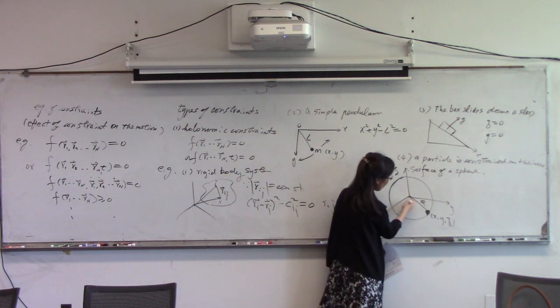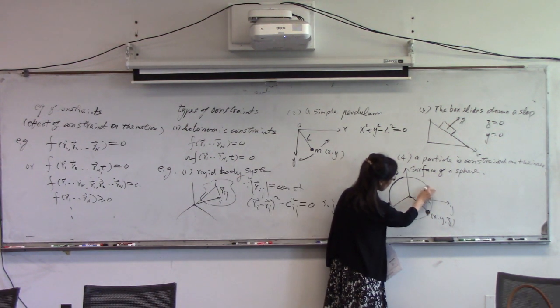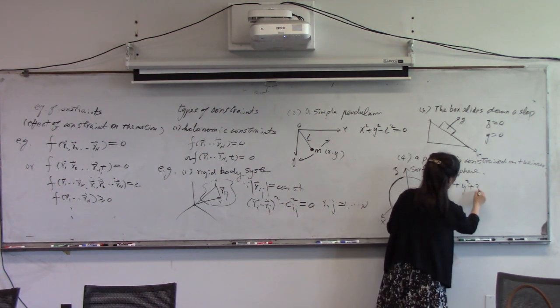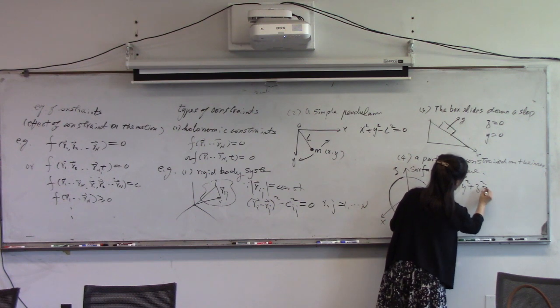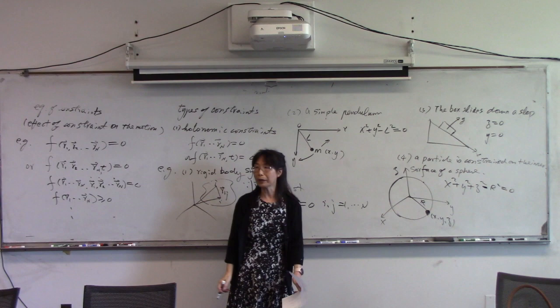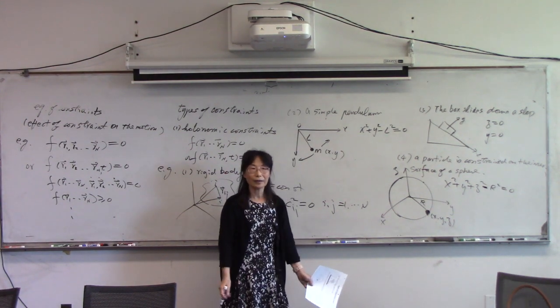That means it cannot leave the surface. Or I just write x squared plus y squared plus z squared minus r squared equals 0. Do you agree? That's another constraint.